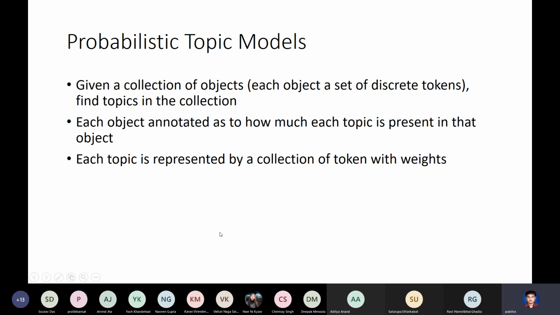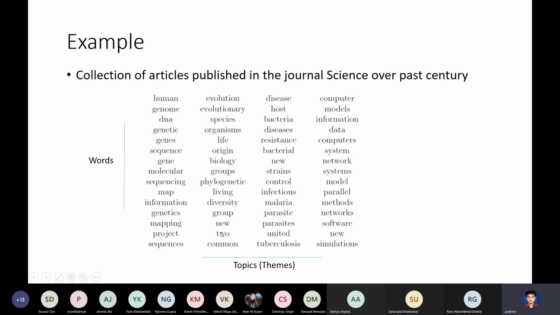Here is an example. This is an analysis of the articles published in the journal Science in the 20th century. Each column is a particular topic. Somebody has analyzed this entire corpus and found 4 topics. There are other topics, but let's talk about only these 4.